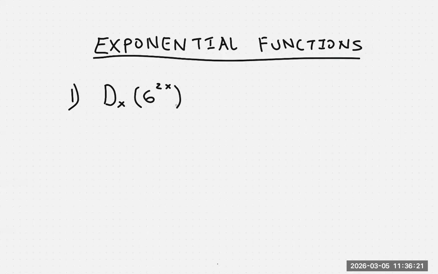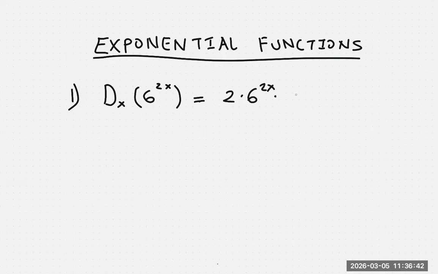So to differentiate this, we simply use the rule. The rule says differentiate the function in the power, which is going to give us 2. Differentiate 2x to get 2. Next, we put back the same thing, 6 to the 2x.